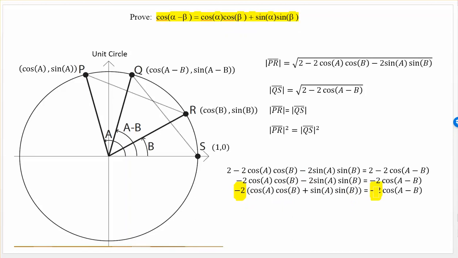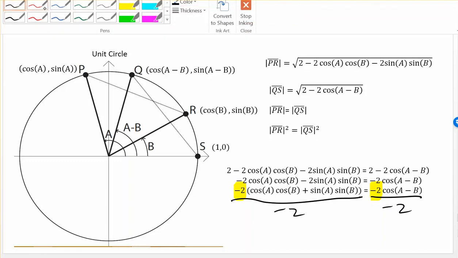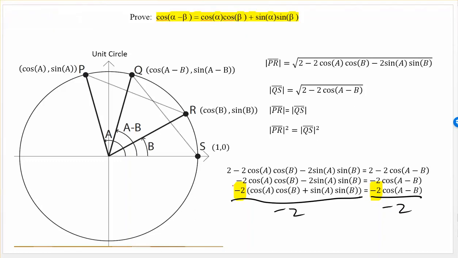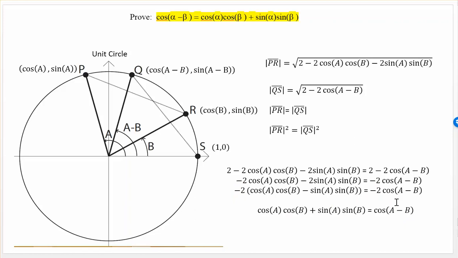So we're going to divide both sides by negative 2. Negative 2, negative 2. And here, these cancel. The negative 2 and the negative 2 cancel. And we can then have the simplified equation, which looks exactly like this, except we have the angles as A and B instead of alpha and beta.